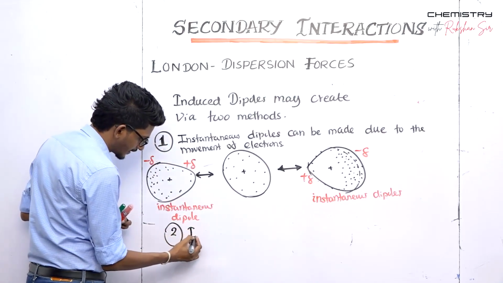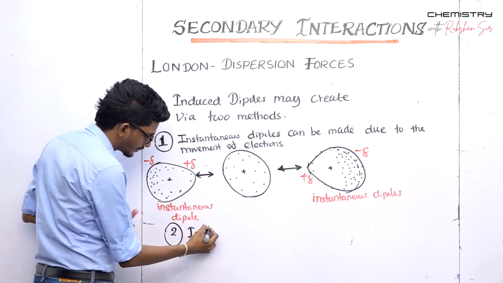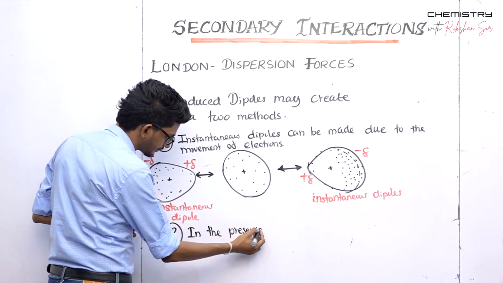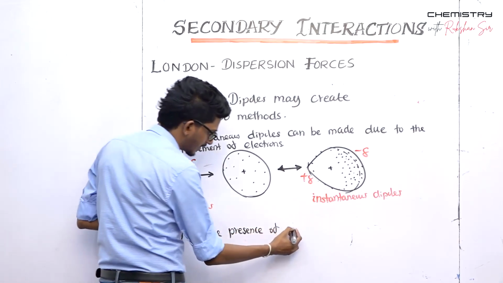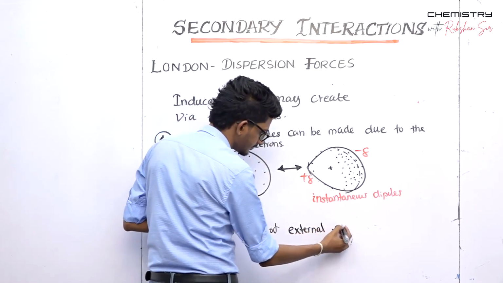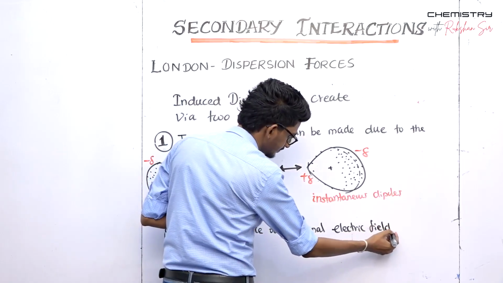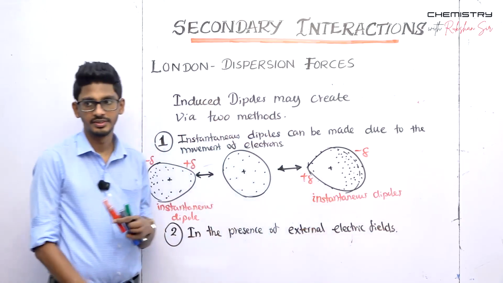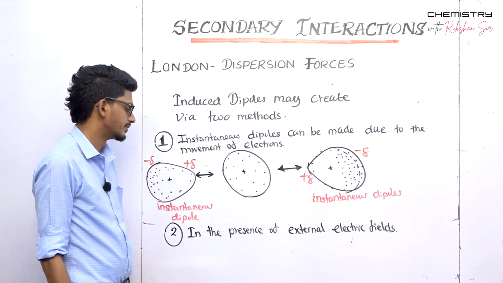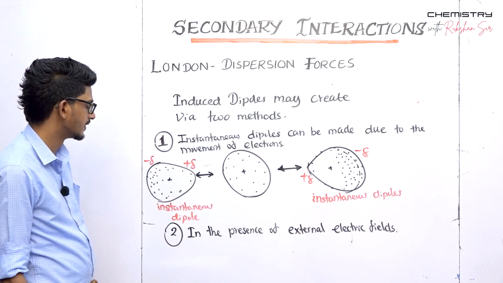So instantaneous dipoles or induced dipoles could appear in the presence of an external electric field. That idea is very clear now. We had discussed that thing again and again.